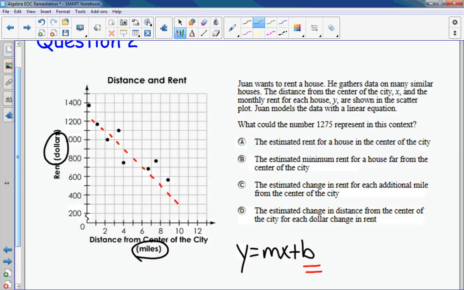Could the starting value be 1,275? Could that be the y-intercept? Absolutely. So we need to know the starting estimated rent would start at the center of the city at 1,275. Which answer represents that? Estimated rent for the house in the center of the city. Answer A.